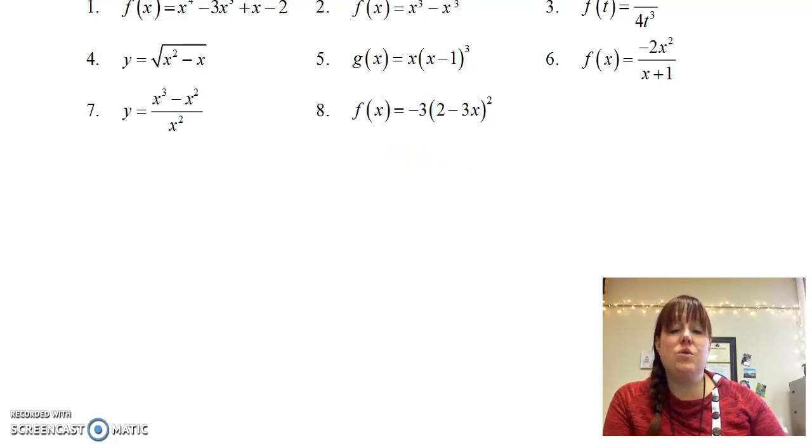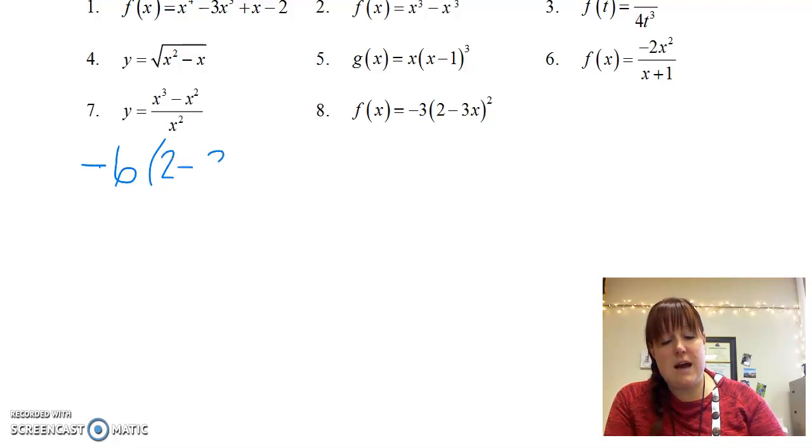So you could do some algebra here if you really wanted to FOIL, but I think the chain rule is going to be just as easy. So let's do the chain rule. The outer function, so we have 2 times -3, which gives us -6, with the inner function still intact. And then we multiply it by the derivative of the inner function, which is 3.